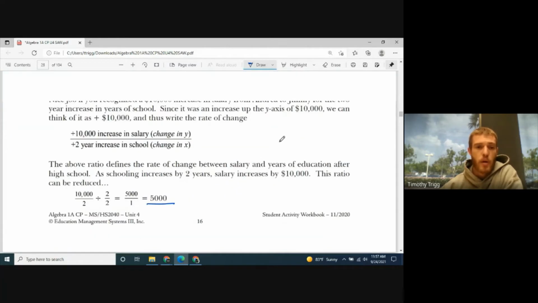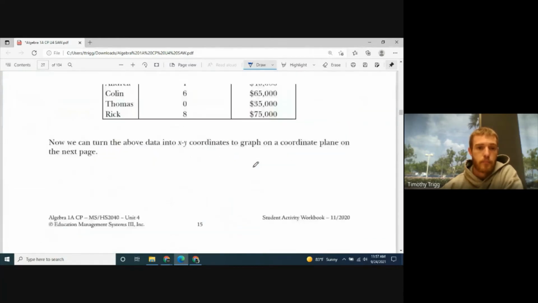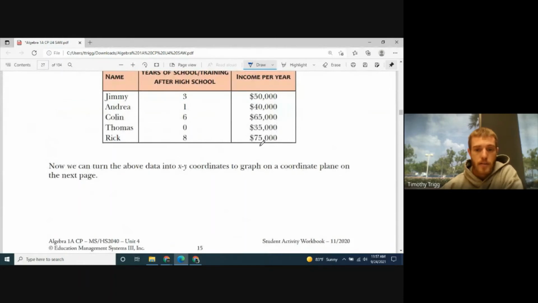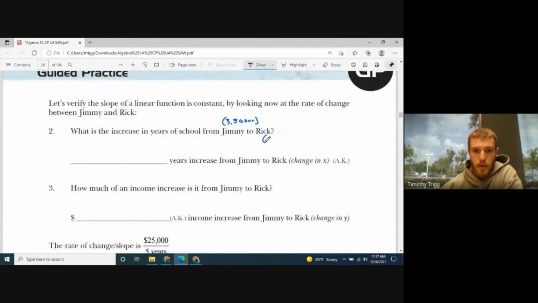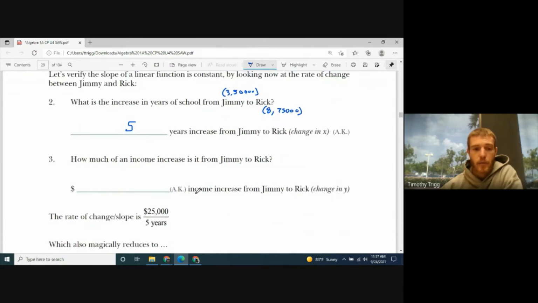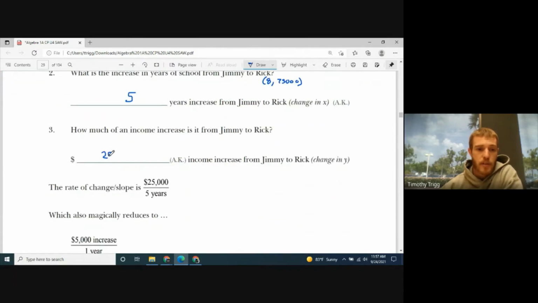And then Rick's was 8, 75,000. Okay. What was the increase in school years? That was an increase of 5 years in school. And what's the increase in salary? 25,000 is the increase in salary.